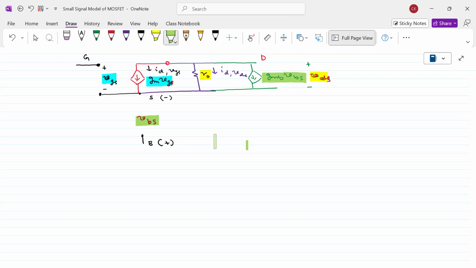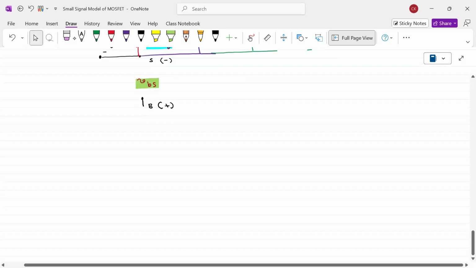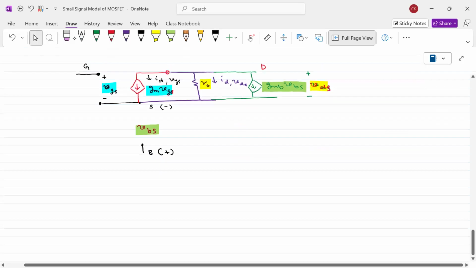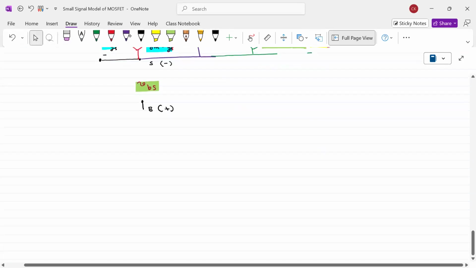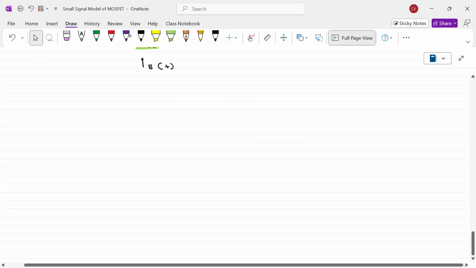If I say, for example, please draw the small signal model of an nMOS transistor when lambda is equal to 0 and gamma is equal to 0. What is the small signal model then?